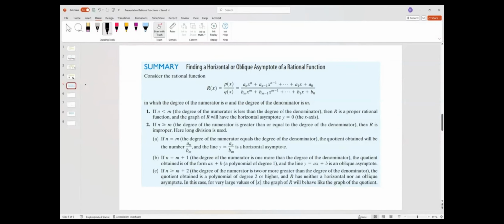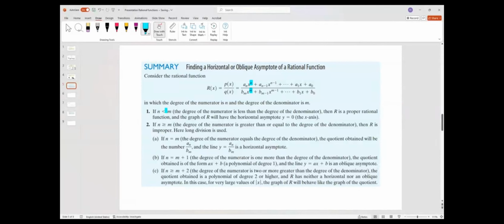And then to know if you have a horizontal asymptote and how to find this horizontal asymptote, you have to look at the degrees of the polynomials that you have, the numerator and denominator of the function.